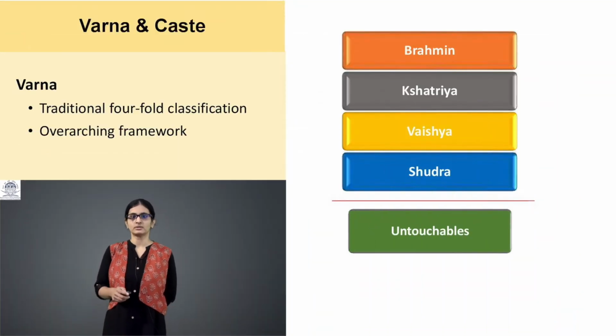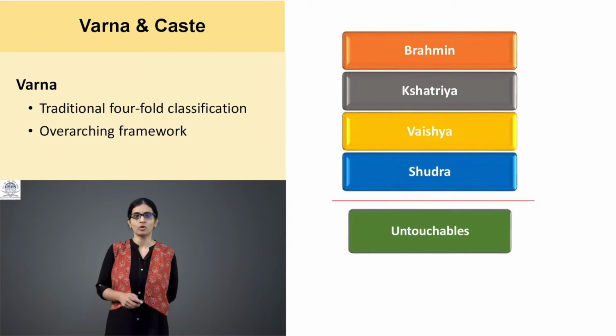Now, Varna and caste are two terms that are often used interchangeably, but it's important to note the distinction between the two and what is specifically implied by each of these terms. Coming to Varna, Varna refers to the classical fourfold division of Indian society into Brahmins, Kshatriyas, Vaishyas and Shudras.